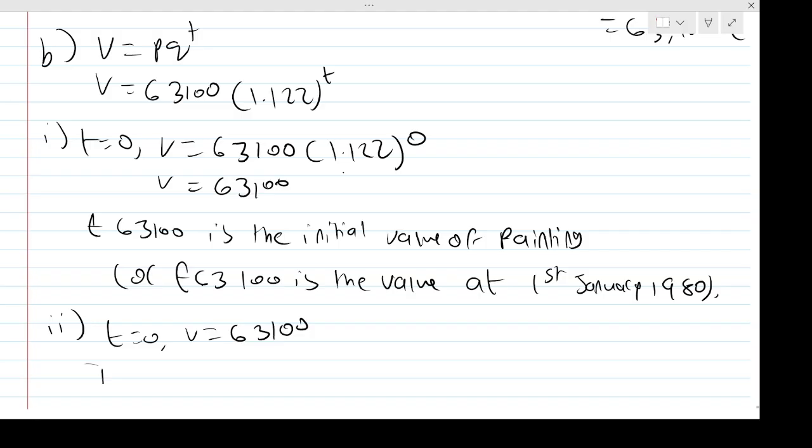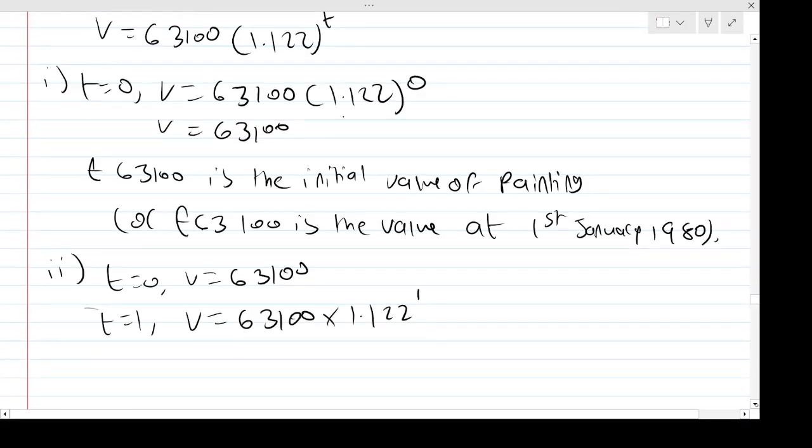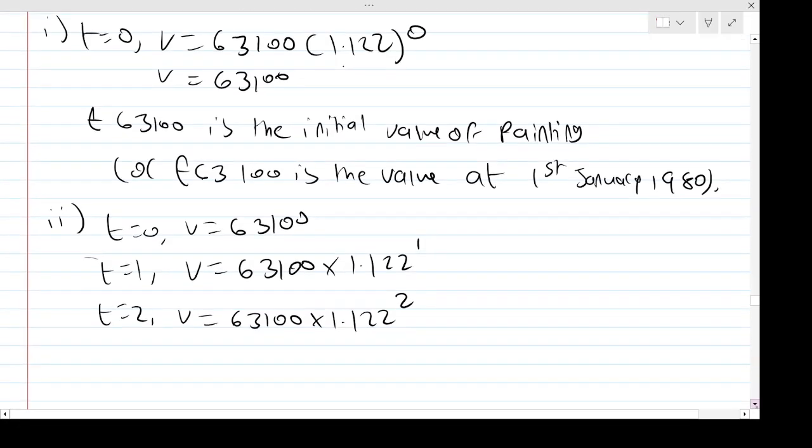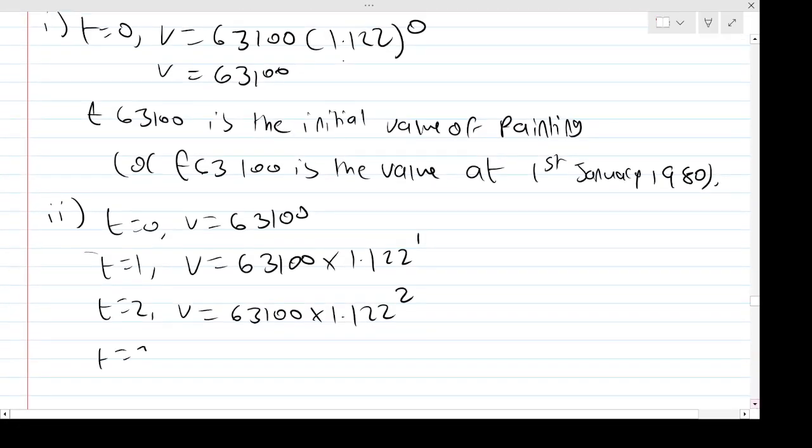What if then we say T is 1? Then V is 63,100 times 1.122 to the 1, right? Then it can go to the next year when T is 2. Then V is 63,100 times 1.122 squared. Then if we do the next year after, hopefully you spot the idea, V is now 63,100 times 1.122 cubed.